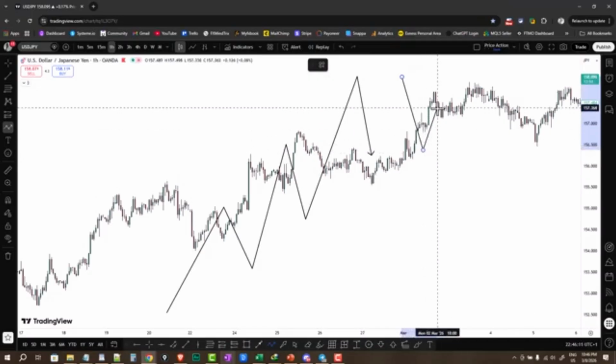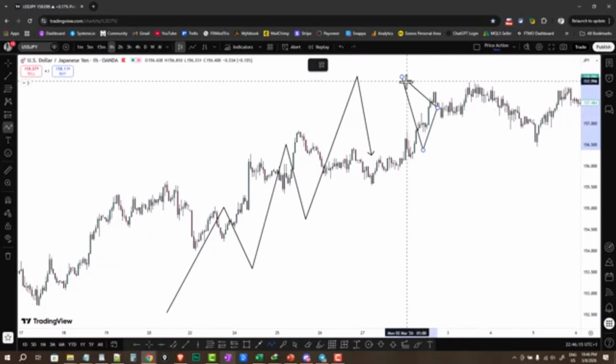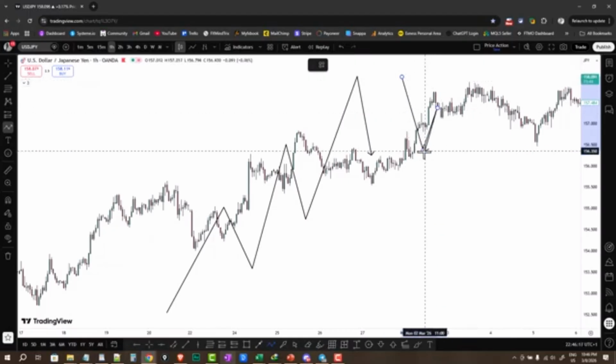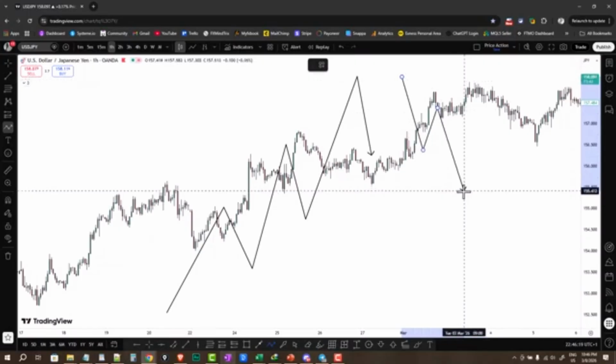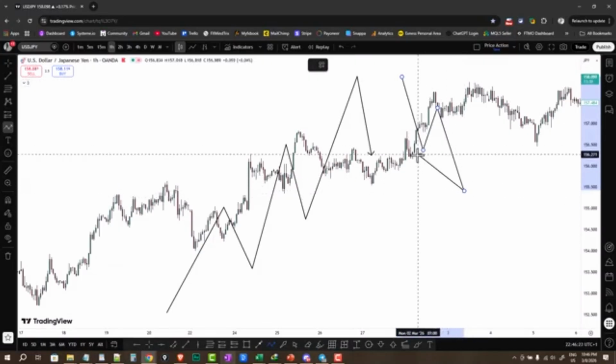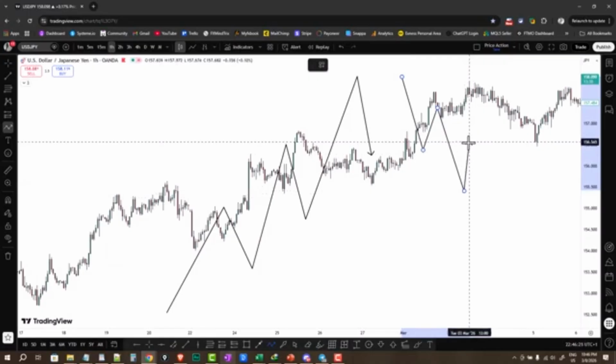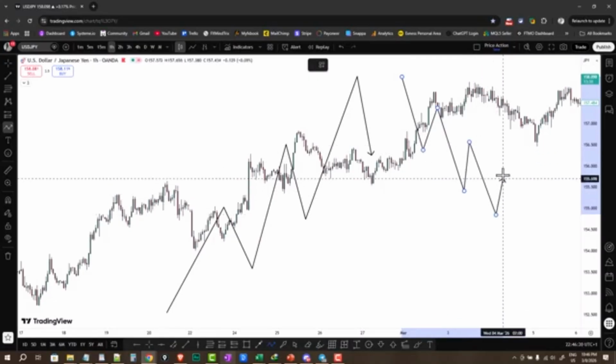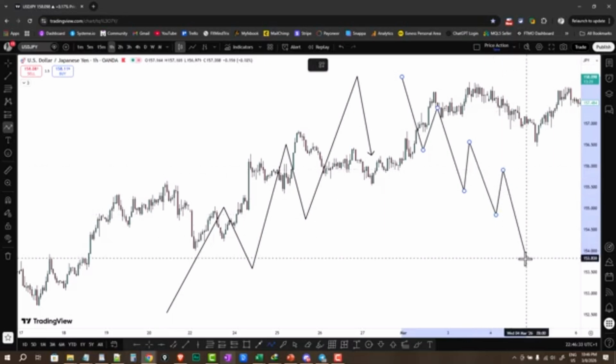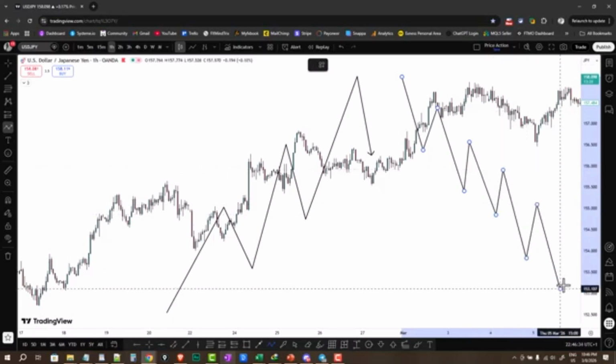The reason I say a lower high is because this high is lower than this origin point high. And then if this is a healthy downtrending market, this low is going to be lower than this low. So it's going to be the formation of lower highs and lower lows, lower highs and lower lows.